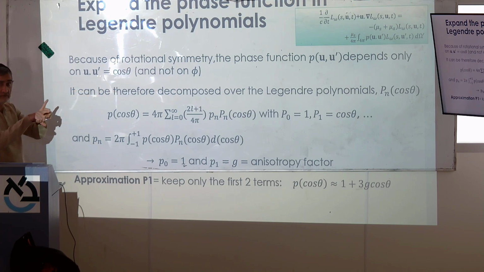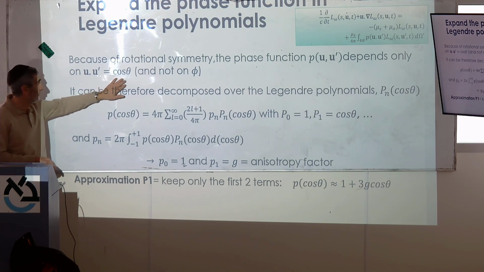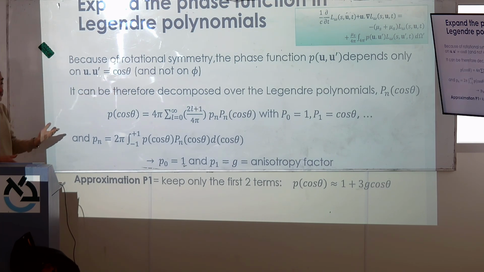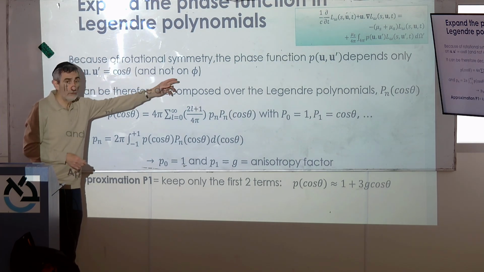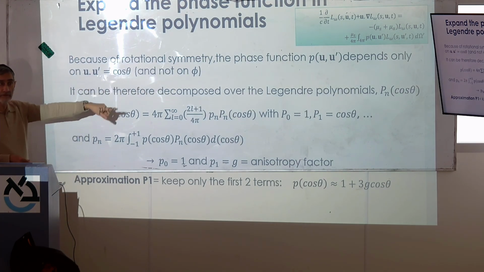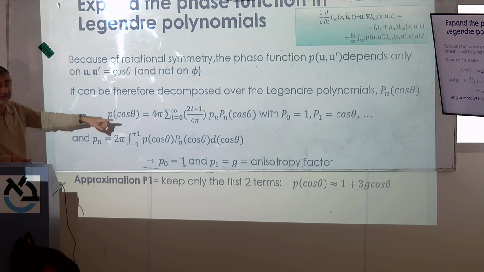It depends only on the angle between the two vectors, and not on their orientation. So this simplifies a lot. If we can assume rotational symmetry, we are not dependent on phi, the other angular component. We have an axial symmetry of the problem.